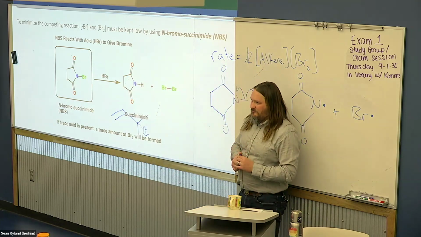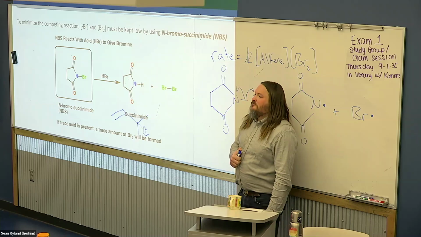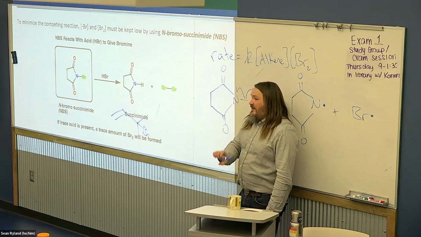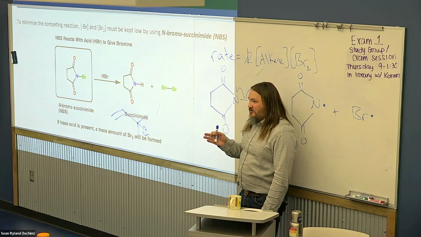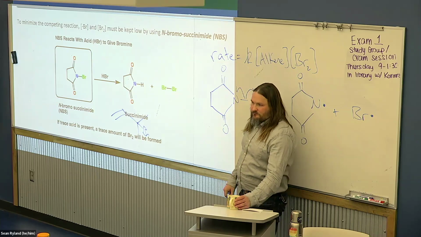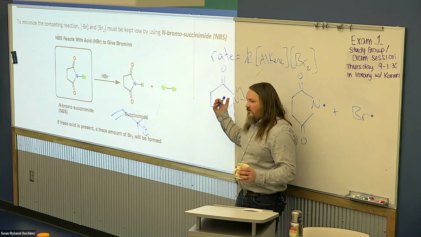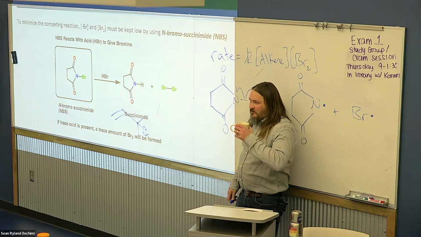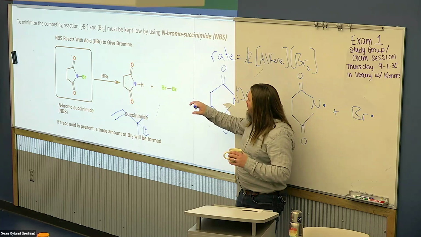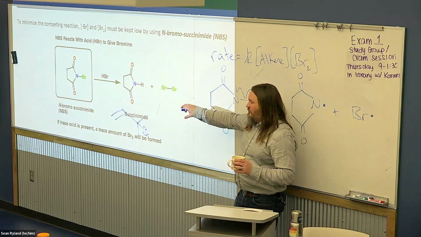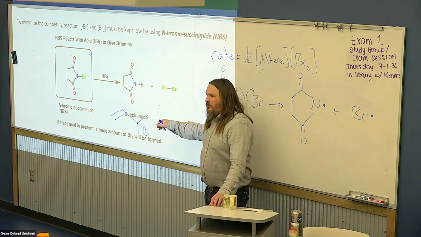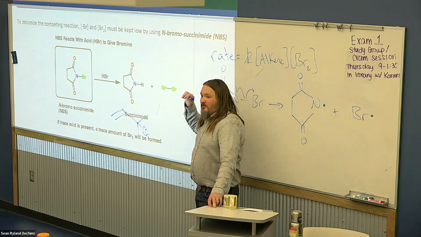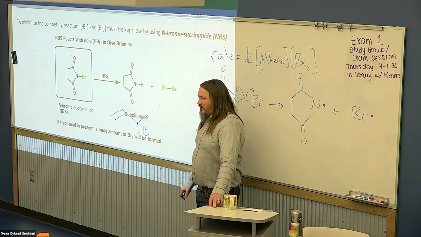What we really have to be careful in controlling is the concentration of the HBr. Well, that's only present in catalytic amounts. Right, just tiny amounts, like a couple drops, that's all you're going to need. Because if there was a ton of HBr, then that would defeat the whole point, yeah. But if you're trying to use N-bromosuccinimide to replace Br2 in that vicinal dibromination, you have to be really careful not to have any light shining on it.